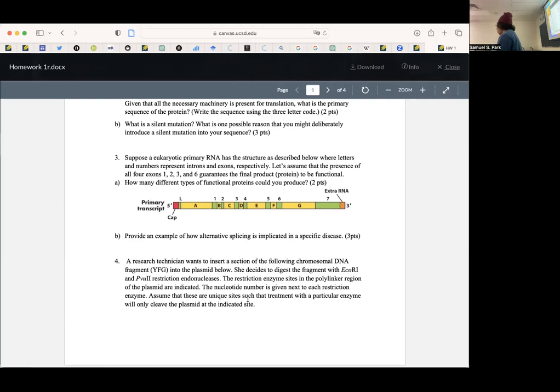When we look at the gene on the DNA level, where you have the boxes of exons and the introns in between, it's not like the cell is just making every single permutation, every combination of the exons.